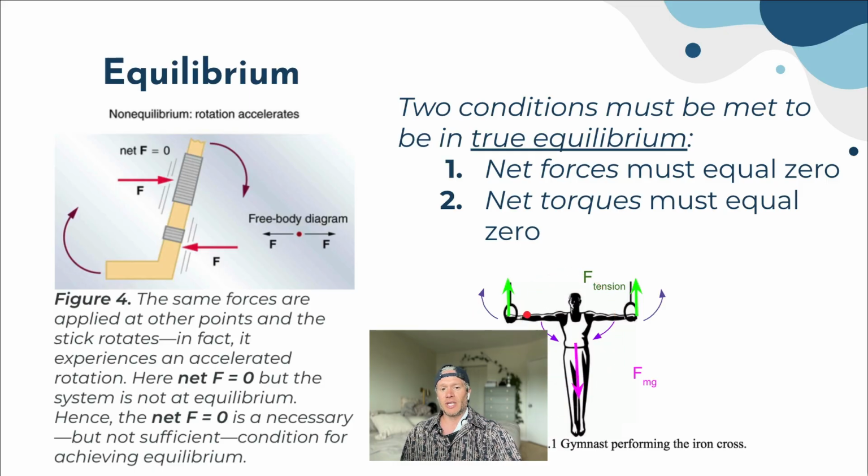So again, the rotational forces, or torque, occurring at their limbs. For example, the pivot point is their shoulders. You have these forces occurring away from that pivot point, so that's creating a torque. All of that is also going to equal a net zero, as well as the up and down forces, and any lateral forces are also going to be zero. So we can say that is a true equilibrium.